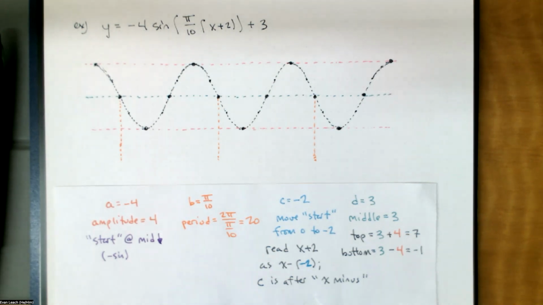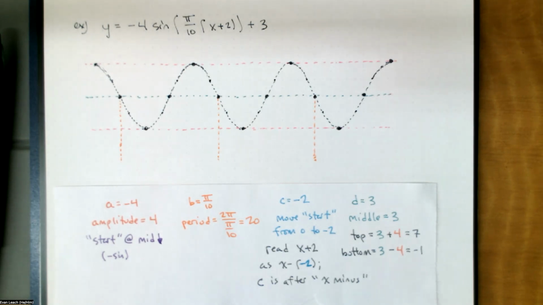First of all, the amplitude is 4. And since it's a negative sign, we're going to start at the middle going down. That's the new 0. Next number we run across is B, which is pi over 10. The period is 2 pi divided by B. So 2 pi divided by pi over 10 is going to be 20.